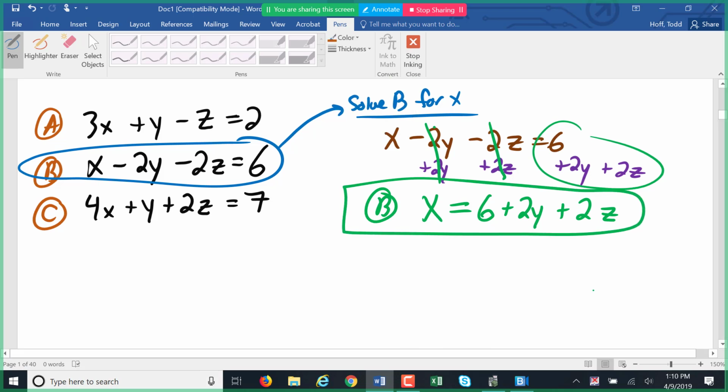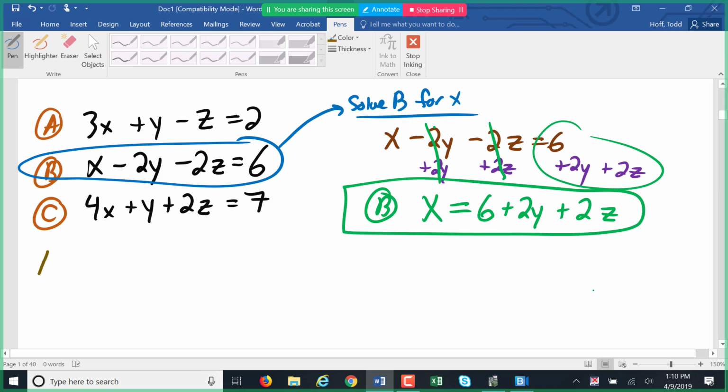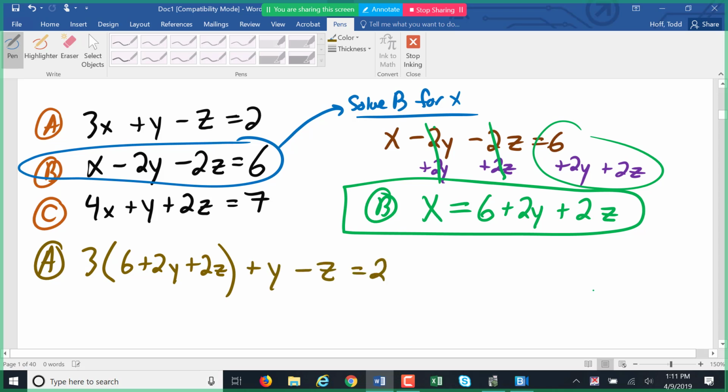I have to substitute that back into each of the other equations. So let's go with equation A. So 3x is going to become 3 times, I'm going to replace x with 6 plus 2y plus 2z. Then I still have plus y minus z equals 2.